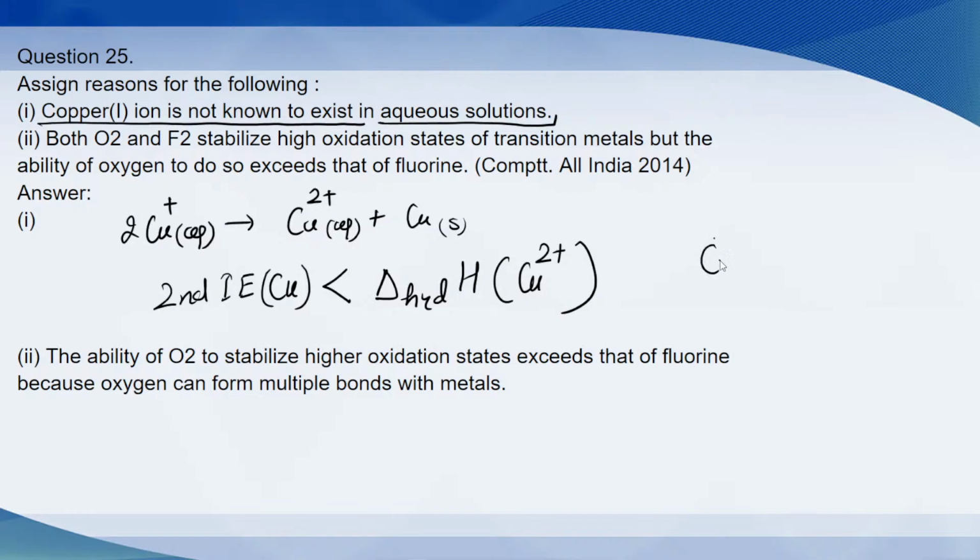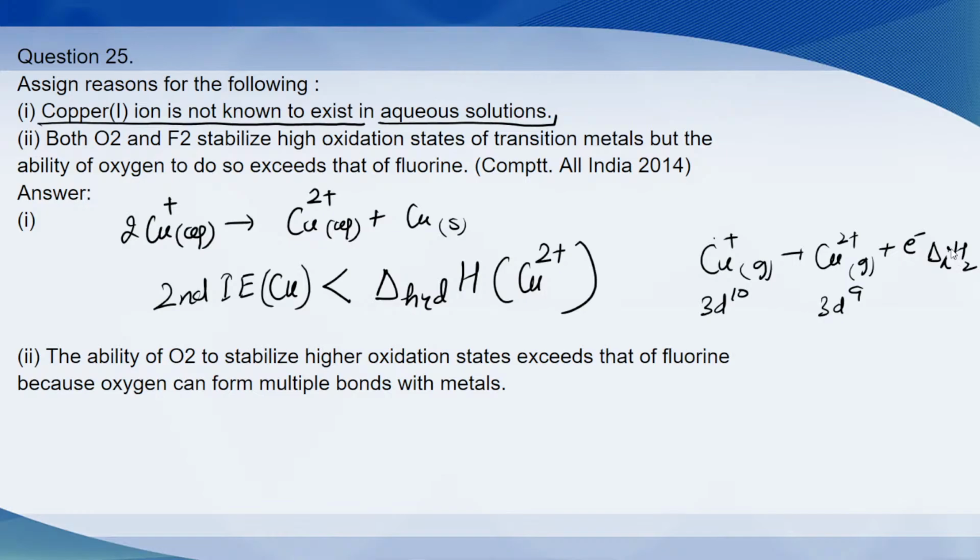See, copper 1 plus gas and copper 2 plus gas. If we compare, in this case it is 3d10, and it is 3d9. So it is going from more stable to less stable, and that's why a huge amount of energy is required.